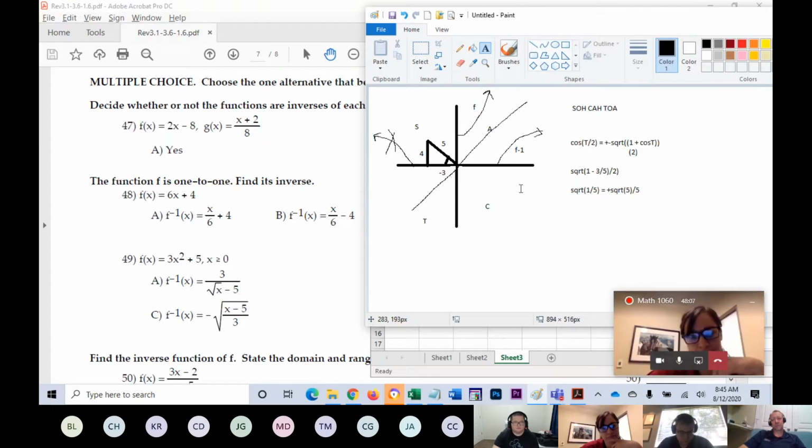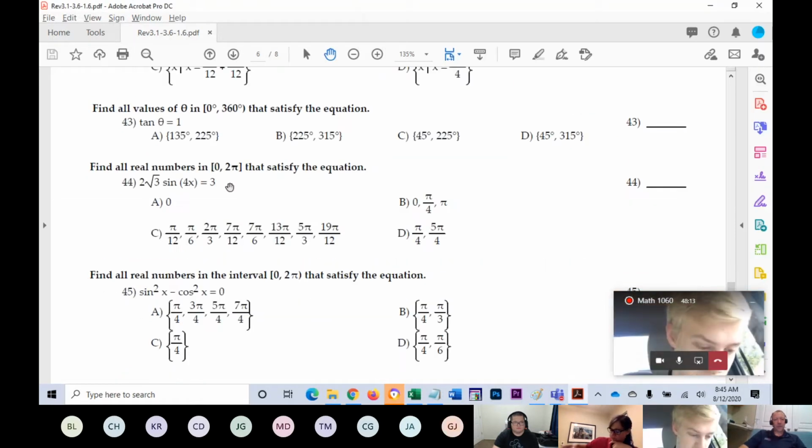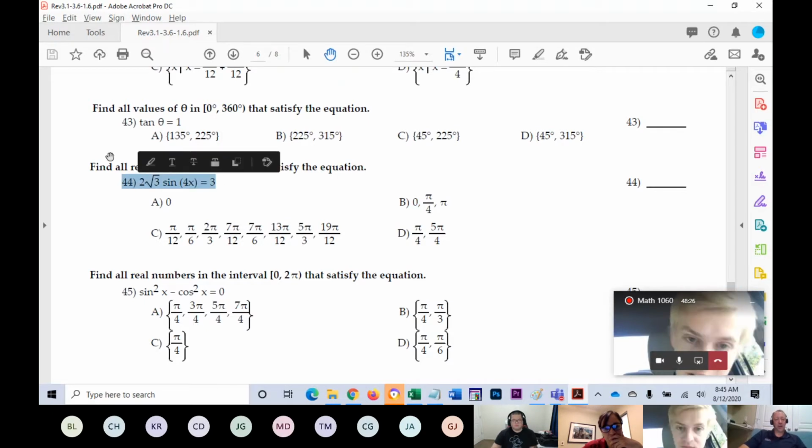How about 44? Find all real numbers 0 to 2 pi that satisfy the equation. Oh, we might have a bunch of answers here. Okay. Can I copy this?